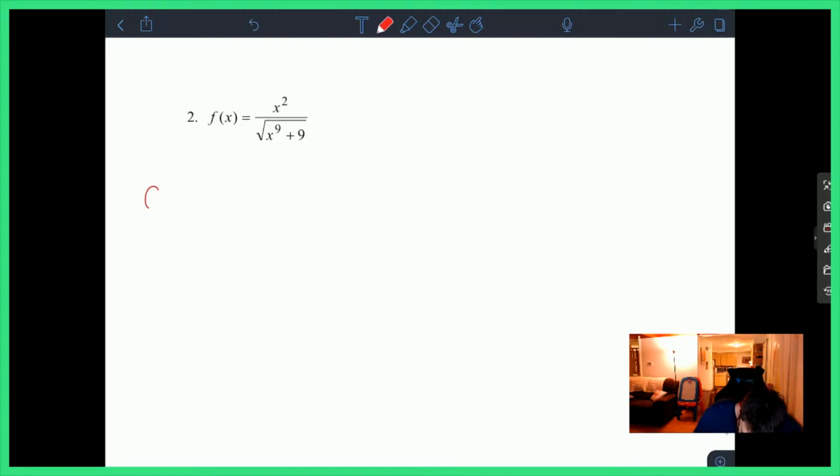So the derivative f prime of x is equal to the bottom function, which we'll just call x to the 9th plus 9 to the 1/2, times the derivative of the top, which is 2x, minus the top function times the derivative of the bottom.